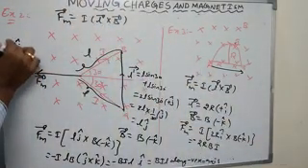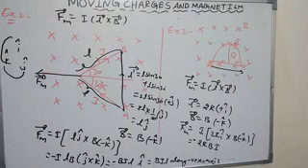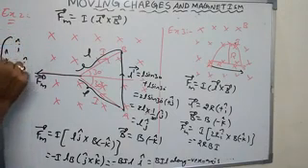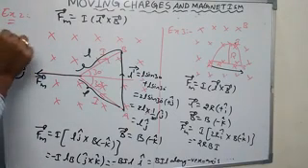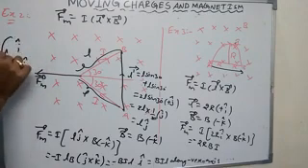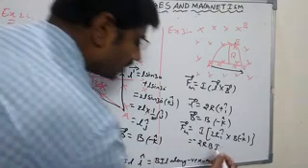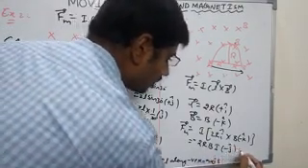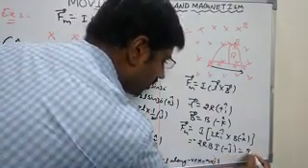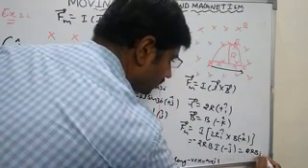I cap cross k cap is minus j cap. So minus into minus is plus, giving 2RBI j cap.